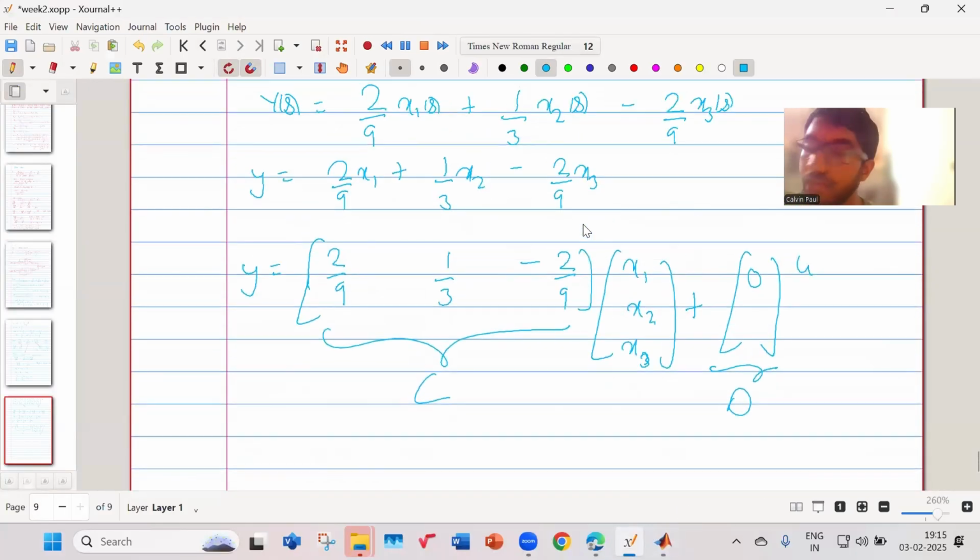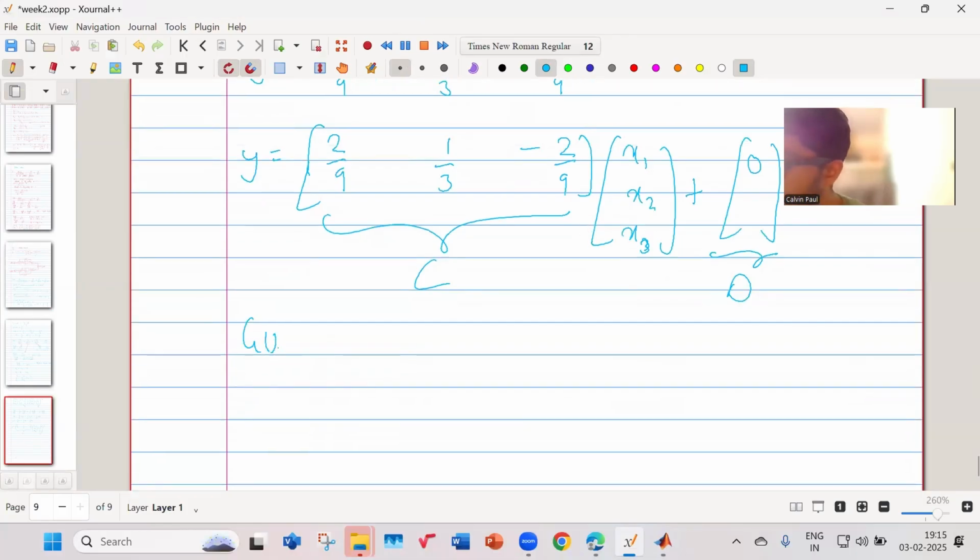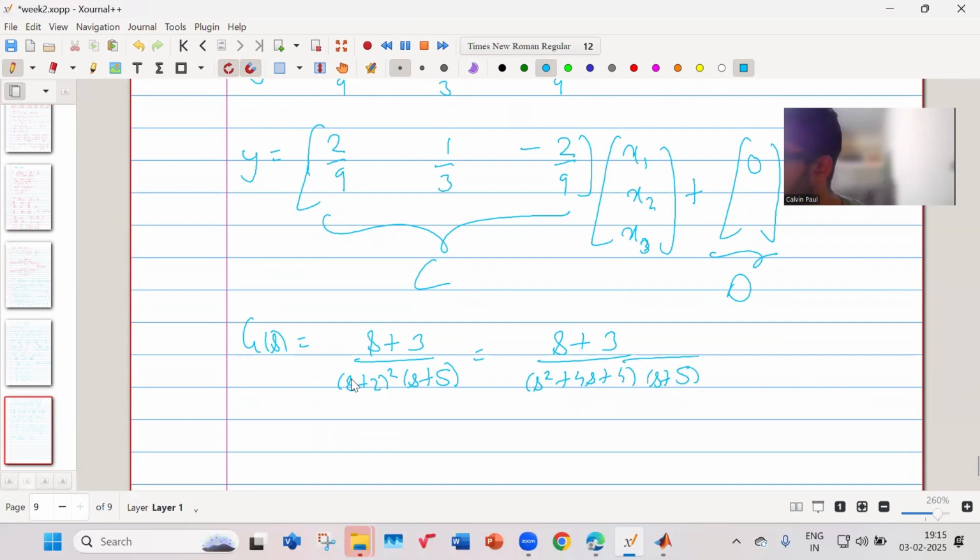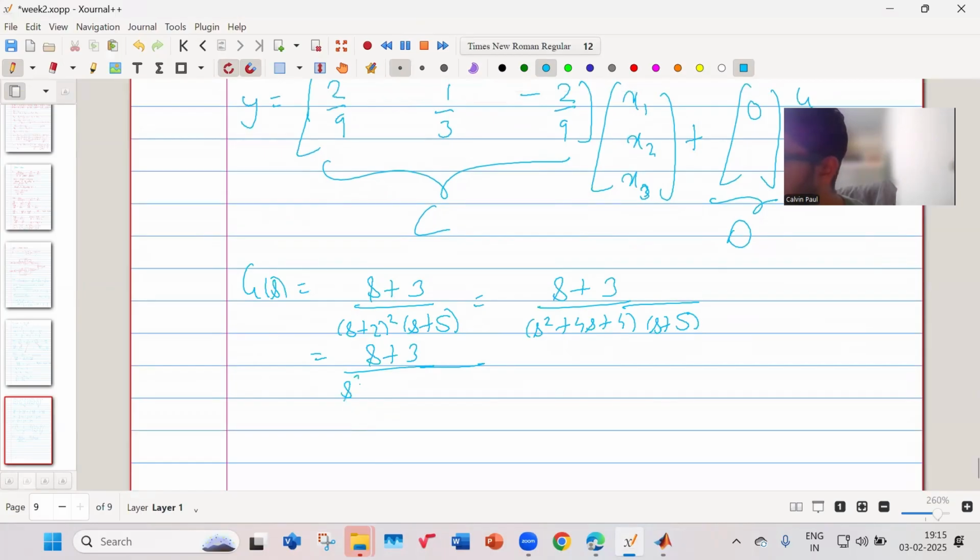So G of s is s plus 3 upon s plus 2 square into s plus 5, which is equal to s plus 3 upon s square plus 4s plus 4 into s plus 5, which is equal to s plus 3 upon s cube plus 4s square plus 4s plus 5s square plus 20s plus 20.